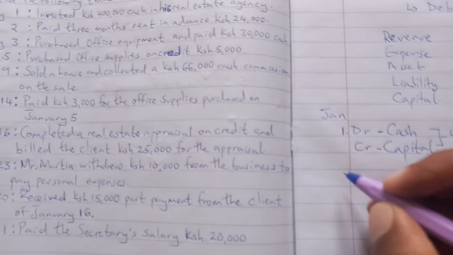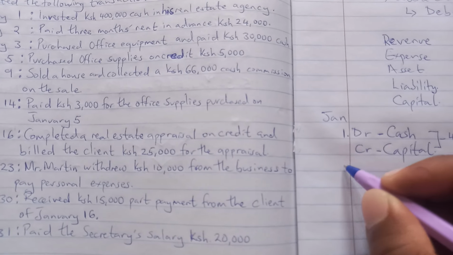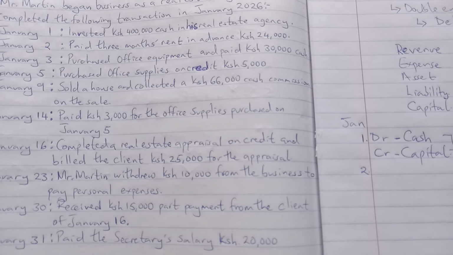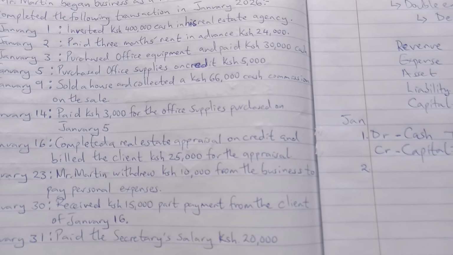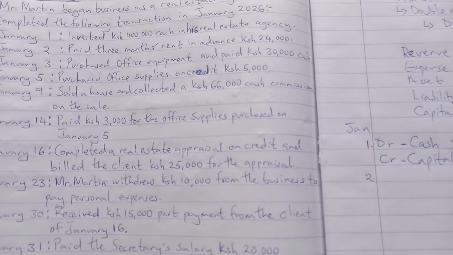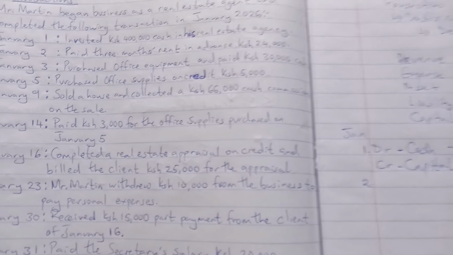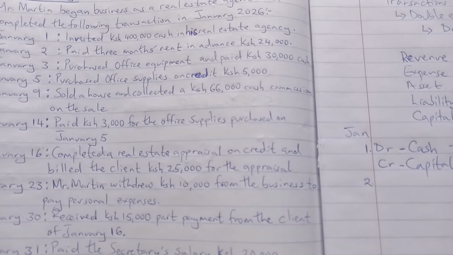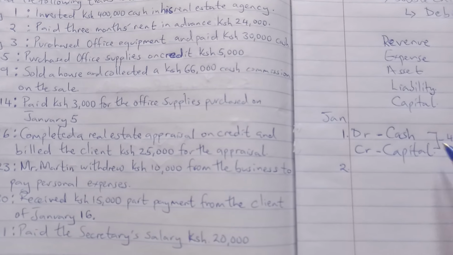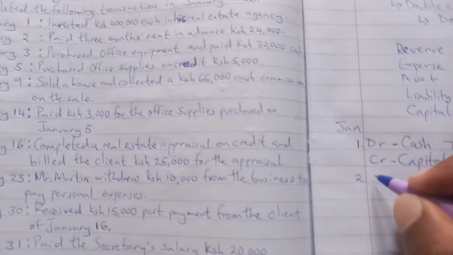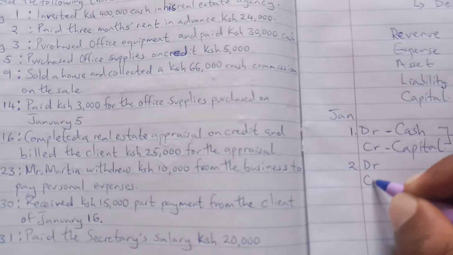January 2nd, paid 3 months rent in advance, 24,000. So here there's a payment which is being made, and since you have been given the amount, that amount is in cash. Why? Because the business has money in cash form and we make payments via cash.